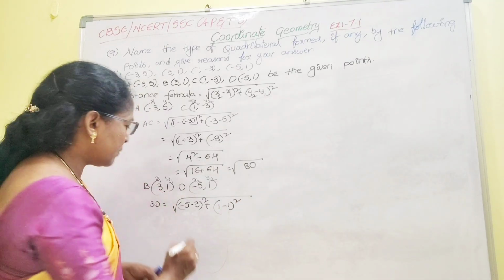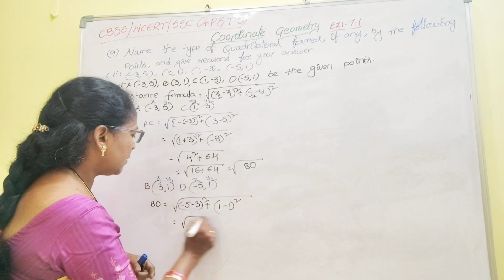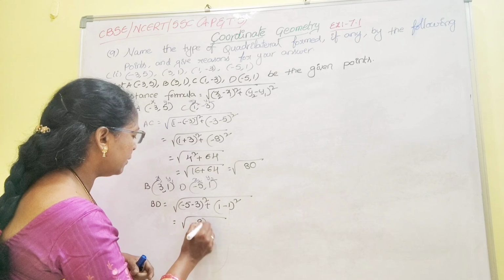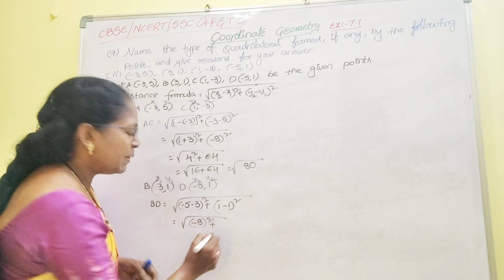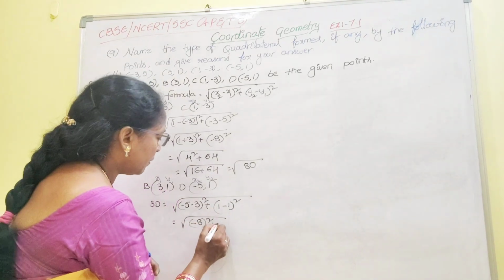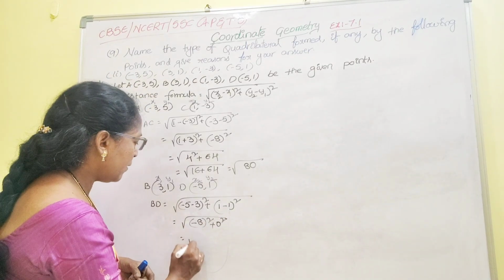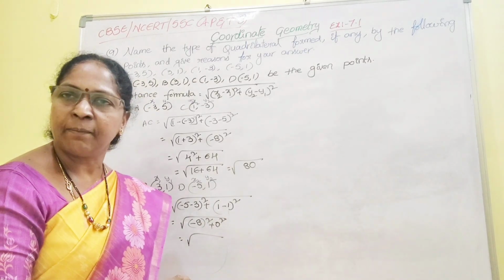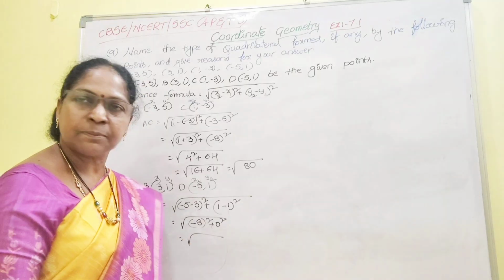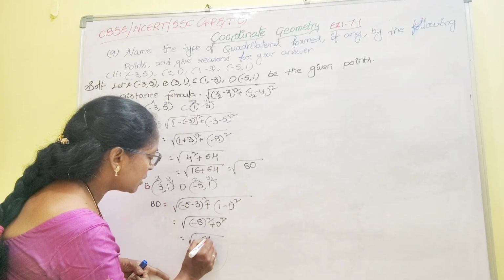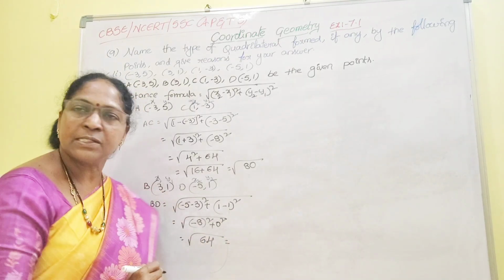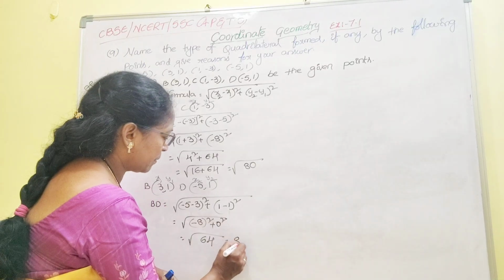So 1 minus 1 is 0. That equals the square root of (-8) whole square, which is 64. The square root of 64 equals 8.